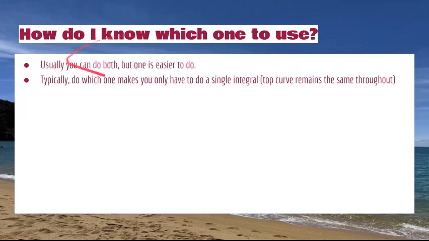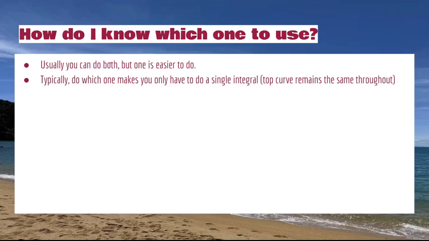So usually you can do either method, disk washer or cylindrical shells, but one is easier to do. And that's a matter of if you have to split up the integral, because when you're setting up the integral, you usually have to do the top function minus the bottom function.